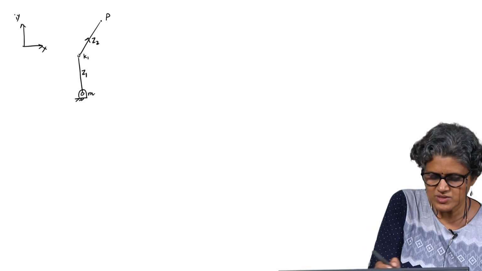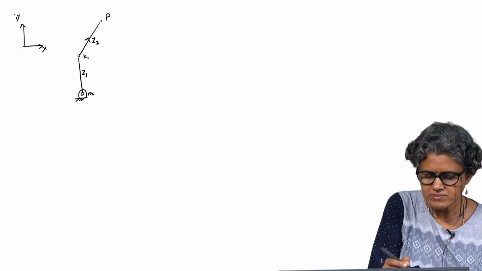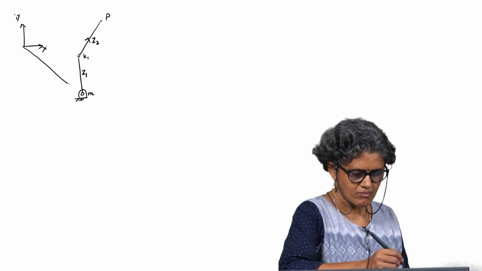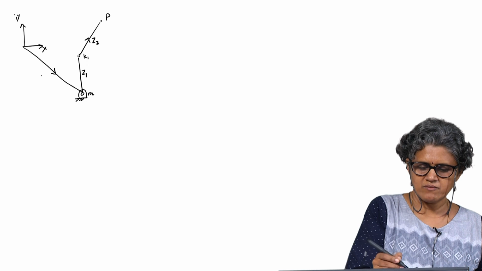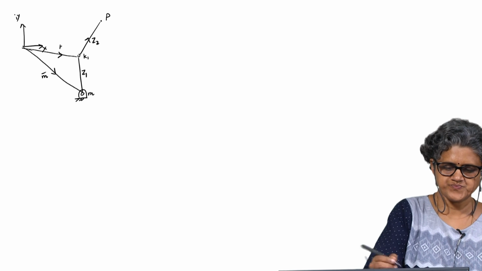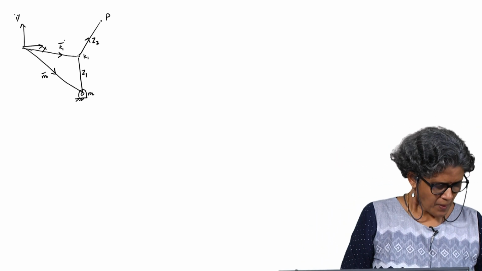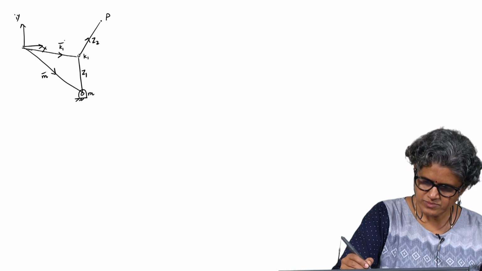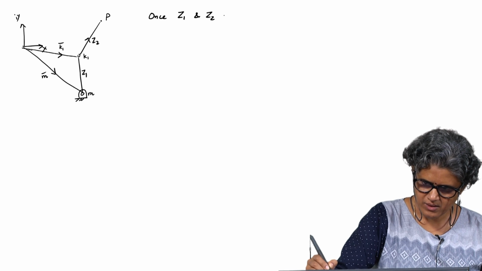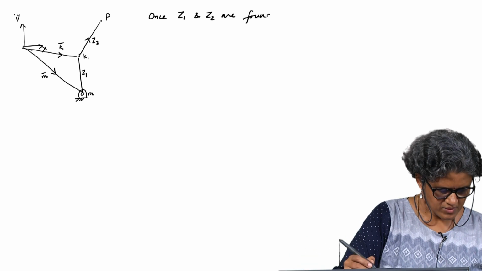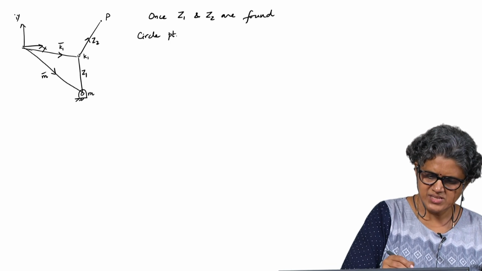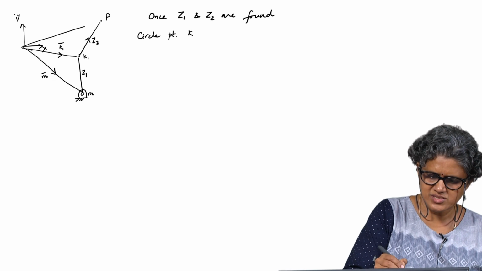So, this vector M will define that and K1. Okay. So, my circle point, this is R1, right, which is known.